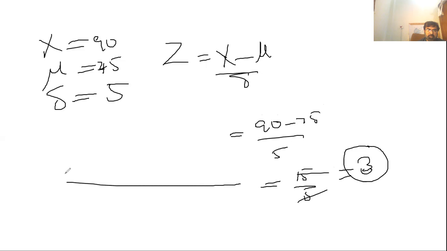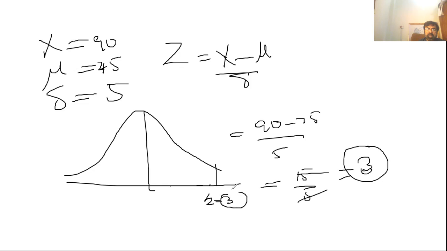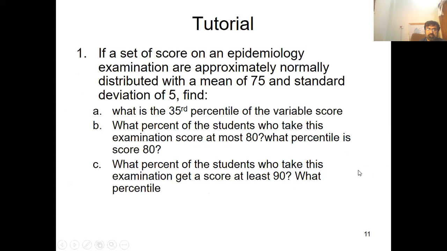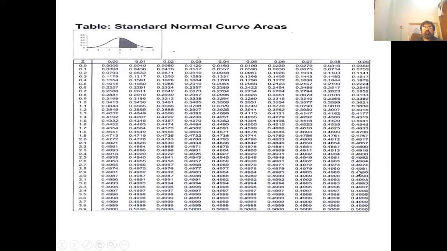Now just locate this z-score. The z-score is over here. Z is equal to 3. Now we have to look for the area against this z value. So against 3, the area is 0.4987.